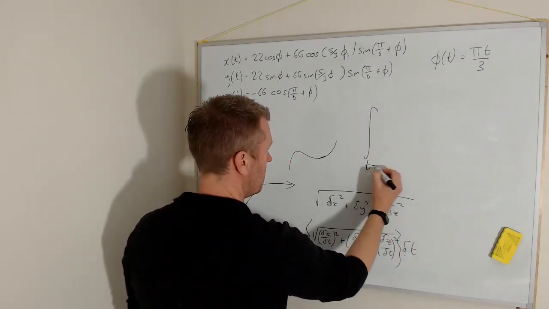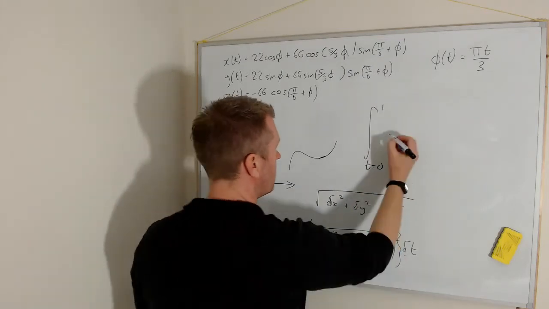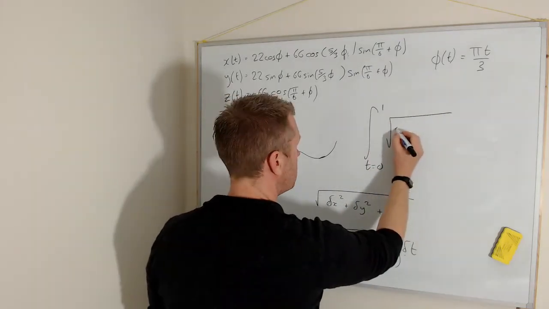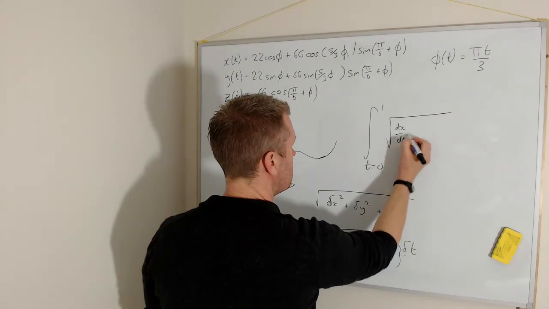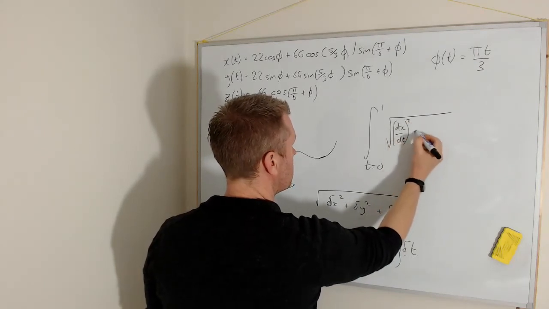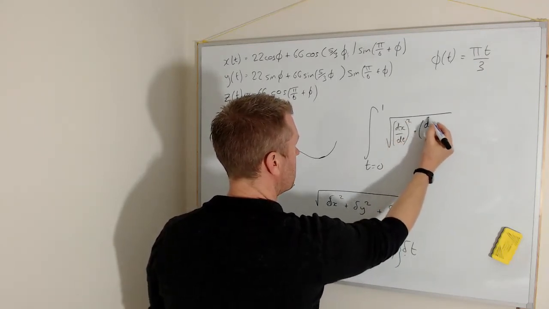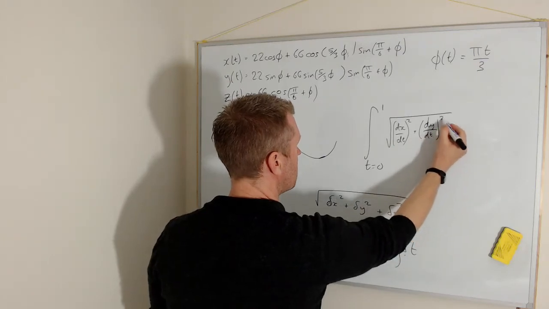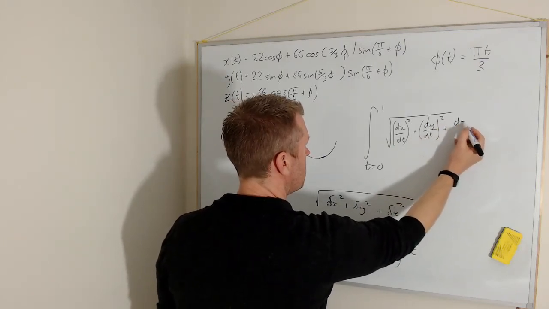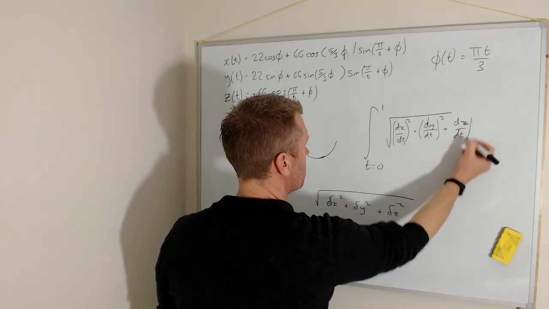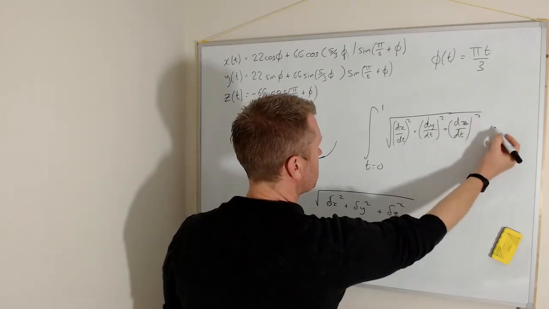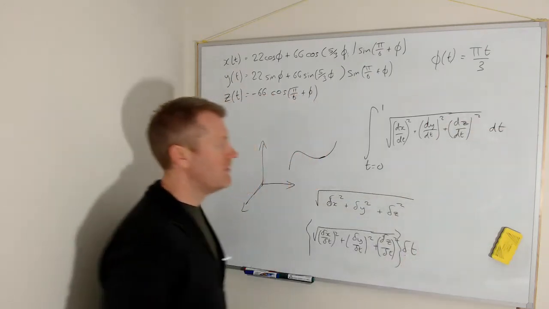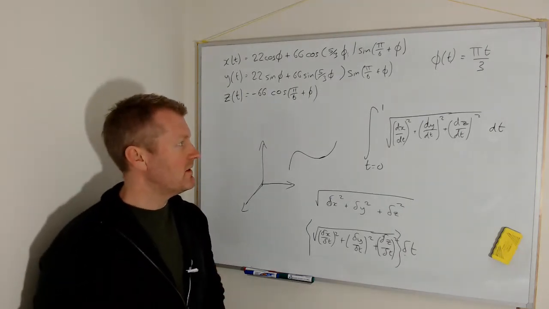We get the integral between 0 and 1 of the square root of dx by dt squared plus dy by dt squared plus dz by dt squared. I can go through all this slower in another video if you want me to explain it, but this is the formula we've got to work out.